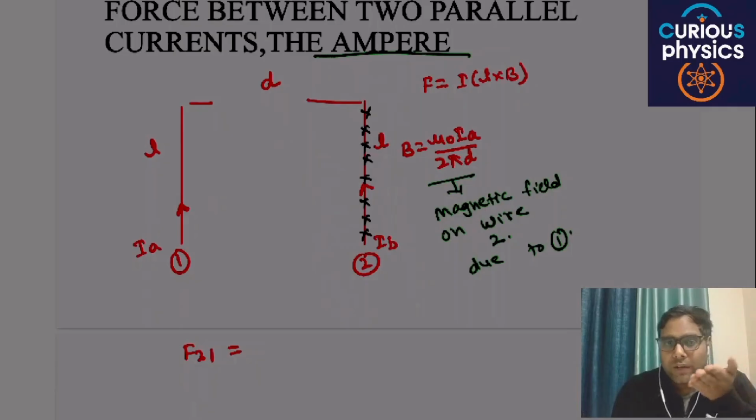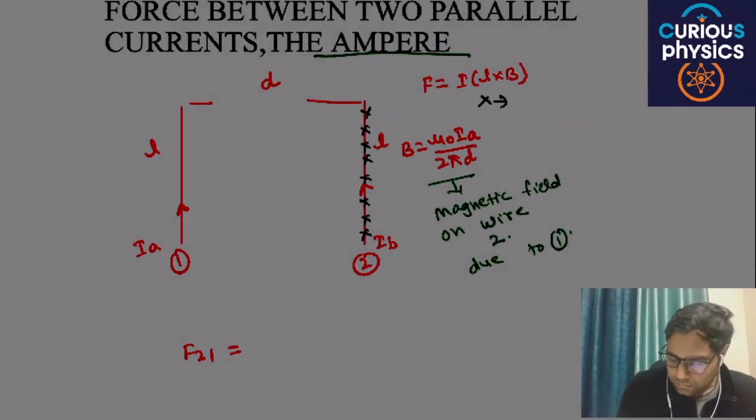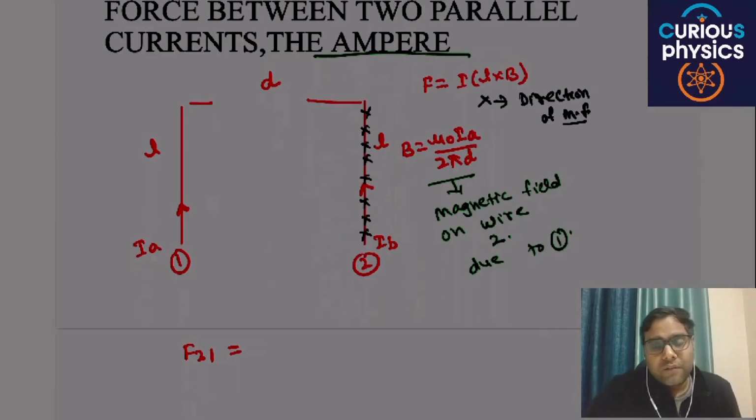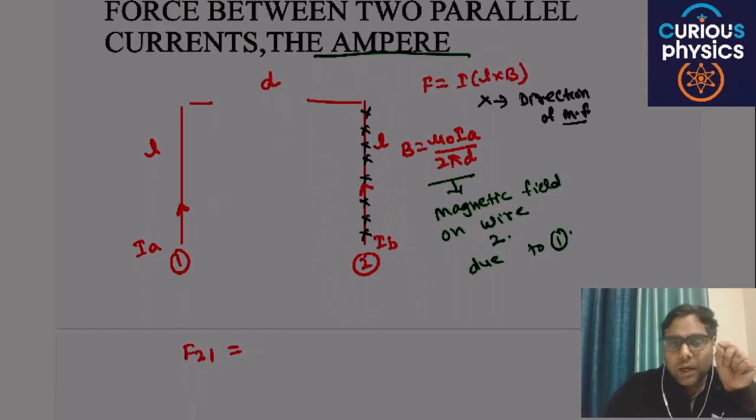Now you have to find the value of force, IL cross B. We know the value of B, but here you have to find the direction as well. The force is a vector quantity, so you have to find the direction of force from L and B. In case of L cross B, you have to consider L as a vector, and the direction of L is the same as the direction of current.